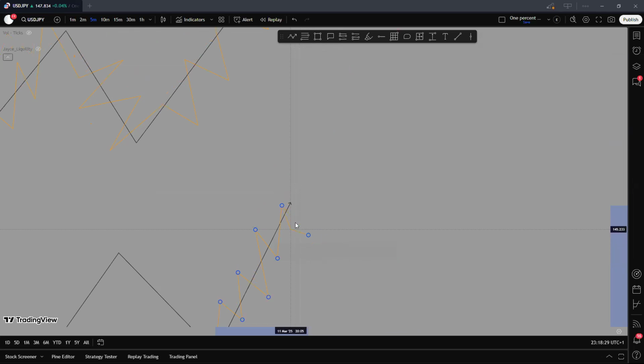And 15 minutes has a pullback like this, a valid pullback and a down move. Now this down move is where 5 minutes structure is. So 5 minutes can be here like this. 5 minutes needs to break the recent BOS and go higher for confirmation to happen. Let me change this to 5 minutes color.